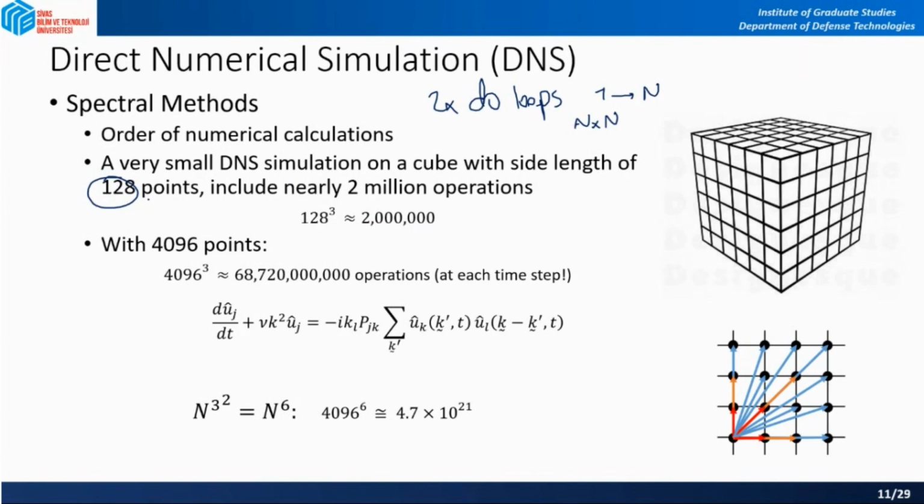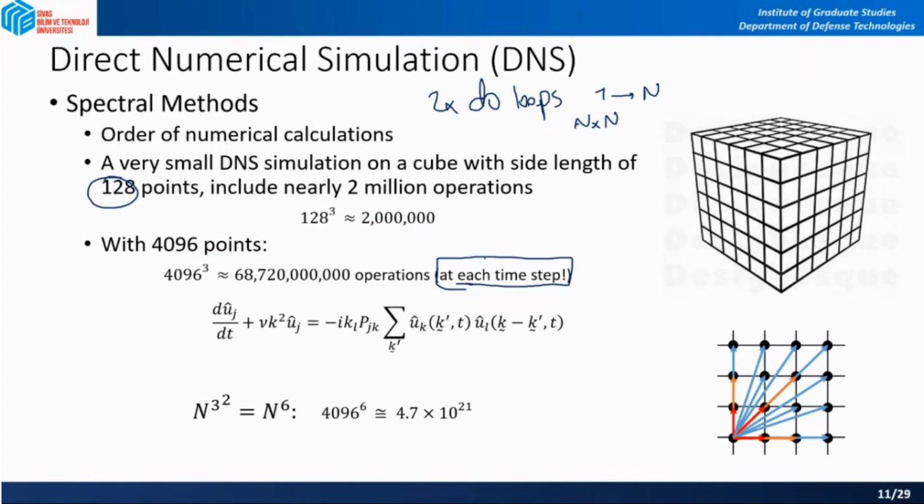As I said, if you, for example, use 4096 points, it is 4096 cubed, which is how many? 68,720 million operations. This many operations only at one time step, only one realization of the flow.